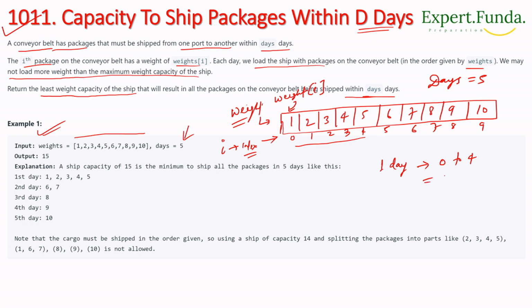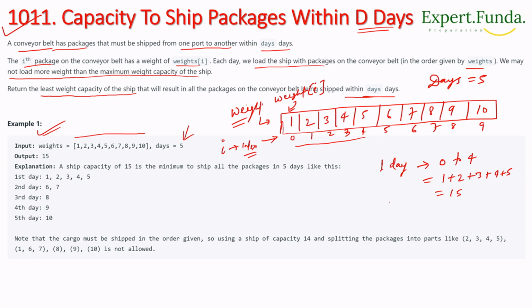At 0 we have 1, at 1 we have 2, and similarly till index 4. If we add them: 1 plus 2 is 3, 3 plus 3 is 6, 6 plus 4 is 10, plus 5 is 15. So the total is 15.